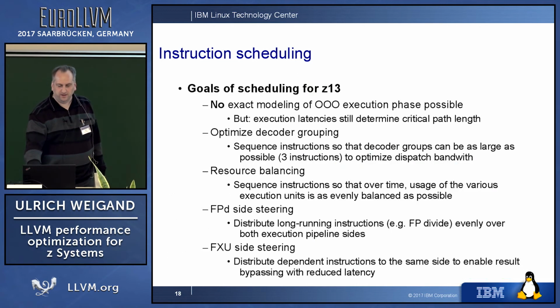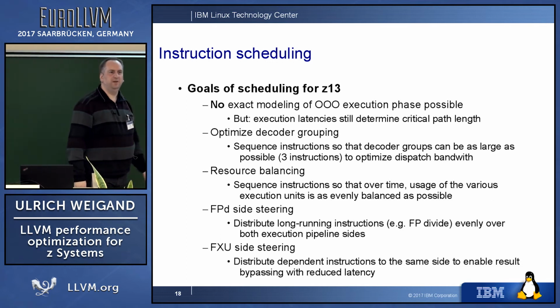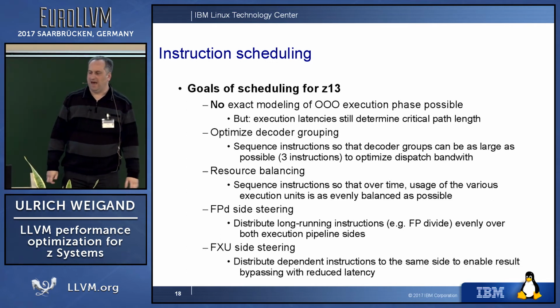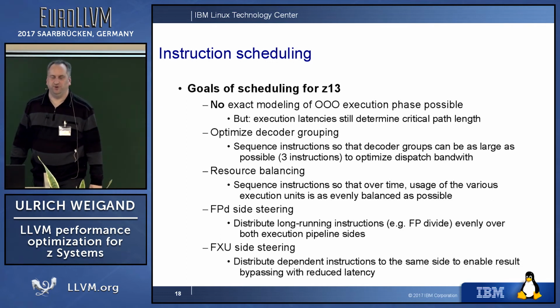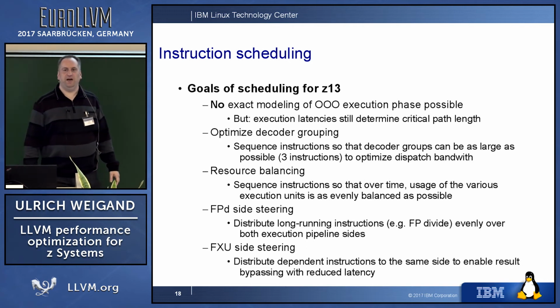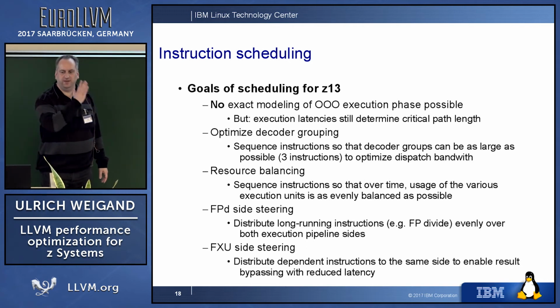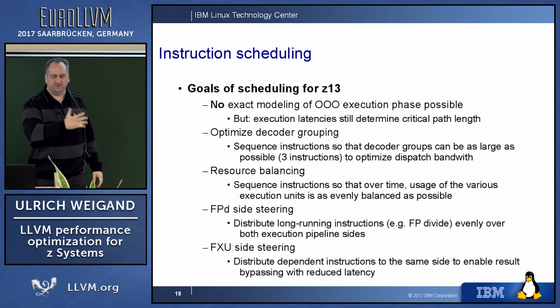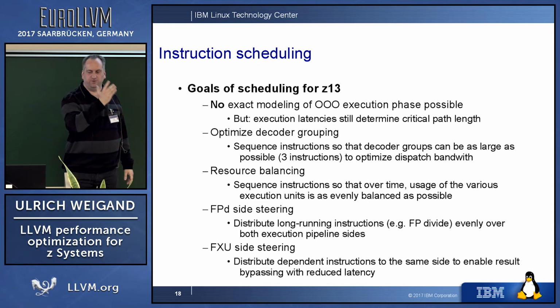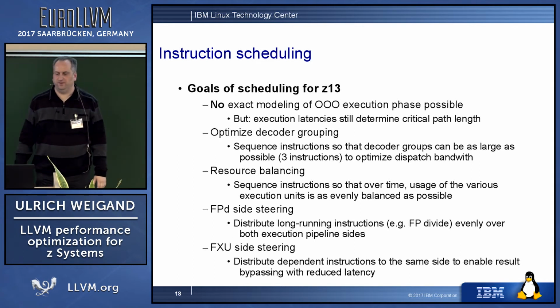Now, traditionally, if we go back to before we had out of order, what a compiler would try to do is model the exact details of the execution phase. Like it would show, okay, if I put instructions in this particular sequence, then they run through these units in these particular stages, cycle by cycle, and would try to get an exact modeling of the execution phase.